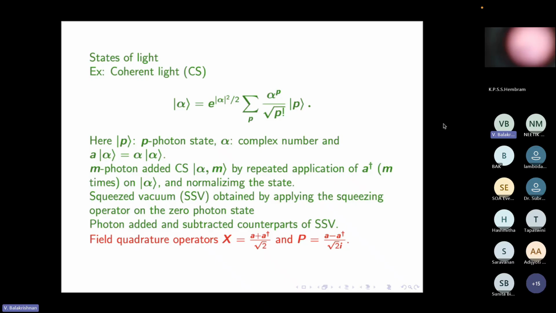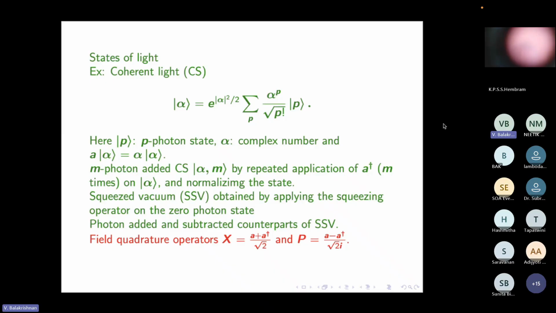An m photon added coherent state alpha comma m would be mathematically produced by repeated application of A dagger m times on ket alpha and normalizing the state. And if you want the squeezed vacuum state, that is obtained by applying the squeezing operator on the zero photon state. So you can have photon added and subtracted counterparts of the squeezed vacuum state as well.